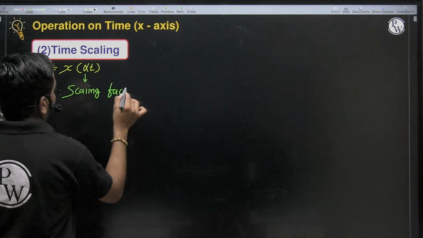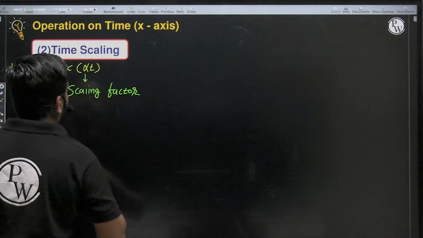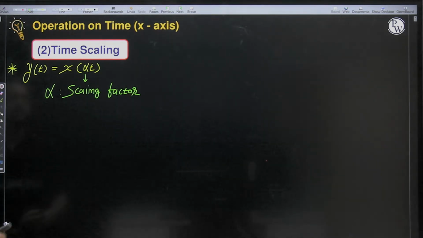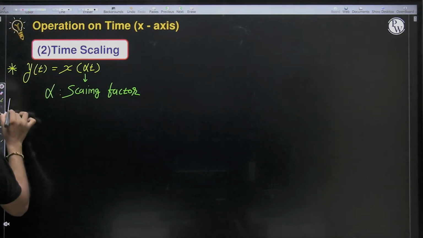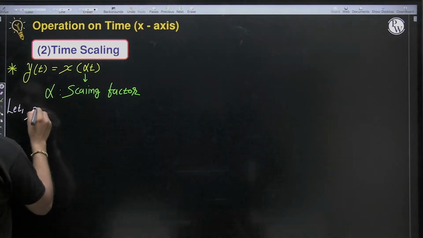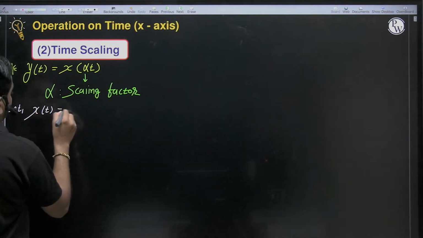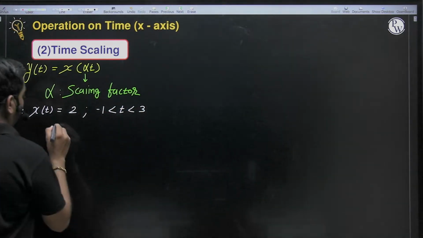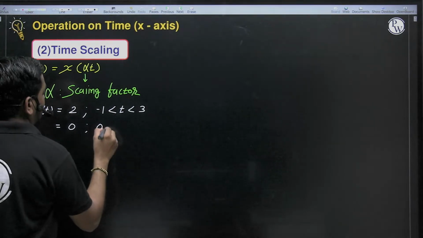This is what the scaling factor is. It can be greater than 1, it can be less than 1. So let us consider the same example, guys. Let us consider x of t is equal to 2 between minus 1 and 3, and amplitude is 0 otherwise.